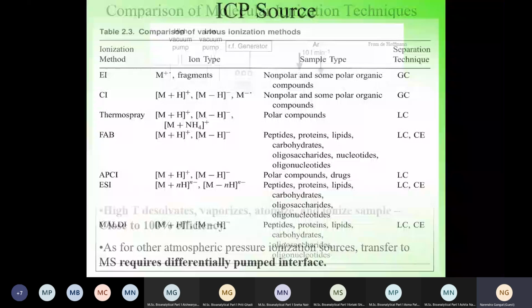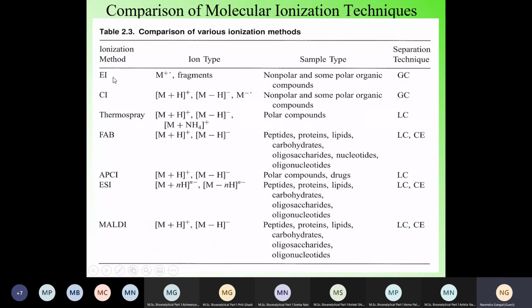If you look at the table, we studied EI, CI, thermospray, FAB, APCI, ESI and MALDI. These cover non-polar and some polar organic compounds. For EI the separation technique I use is GC, and for CI again GC. For thermospray it comes to LC, and the inlet differs. For FAB I can use continuous-flow FAB with LC, or CE, capillary electrophoresis.